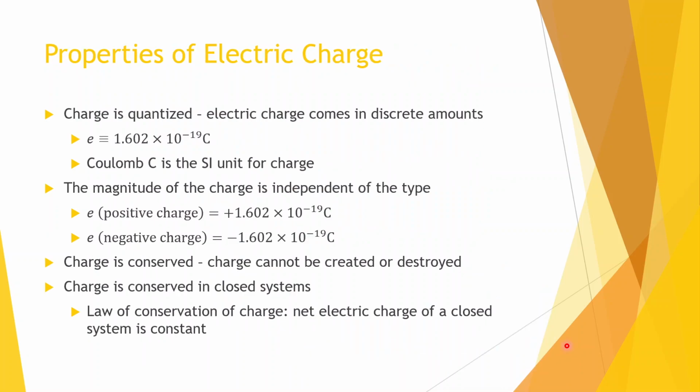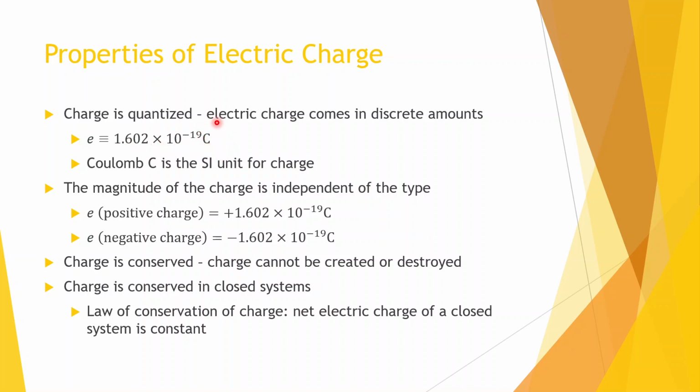Okay, so now we need to talk about some properties of electric charge. Now, charge is something that can be quantized. We can have a value to it. Electric charge comes in discrete amounts, and that amount is 1.602 times 10 to the negative 19th coulombs.